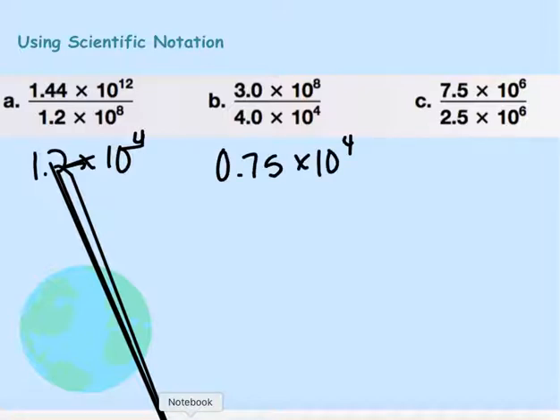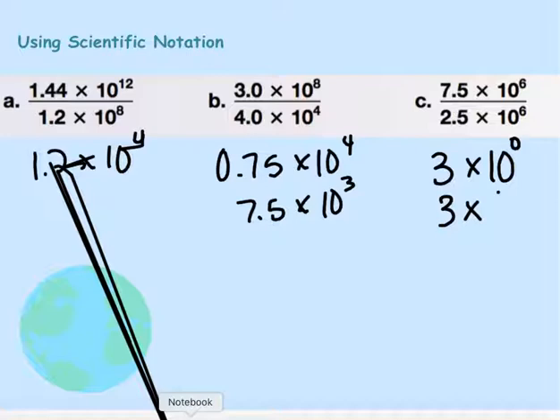We need to borrow one of those 10s to get it to 7.5 times now 10 to the 3rd. And lastly, 7.5 divided by 2.5, that's 3 times 10 to the, well, 0 power. Or you can say that's really just like 3 times 1, because anything to the 0 power is 1, so we really just have 3.